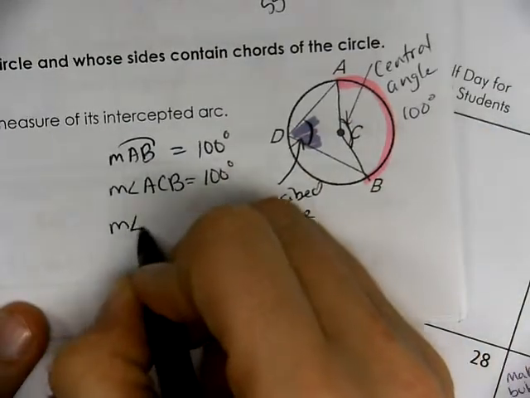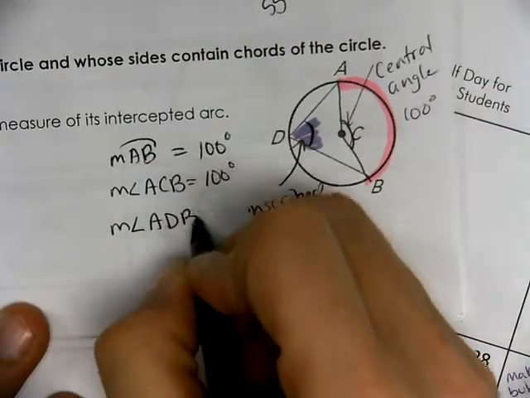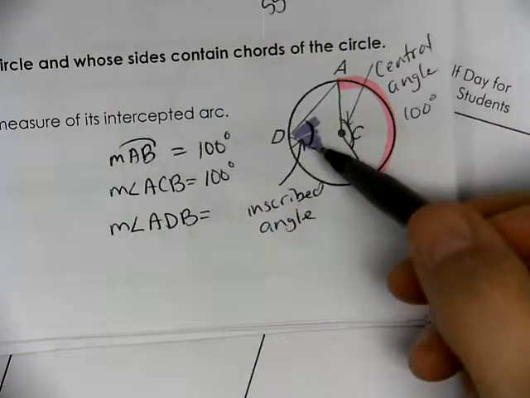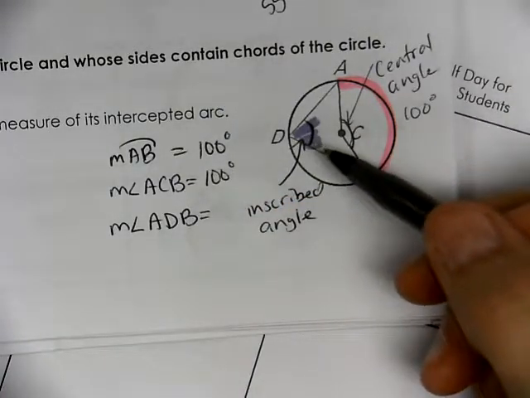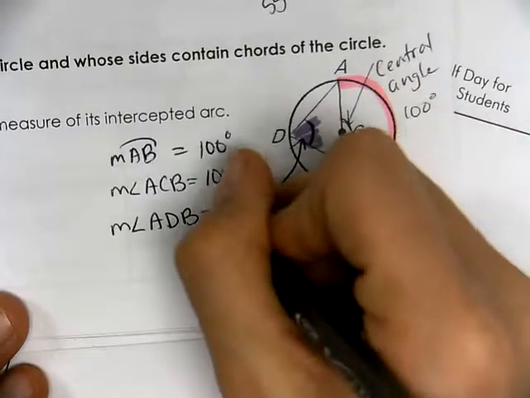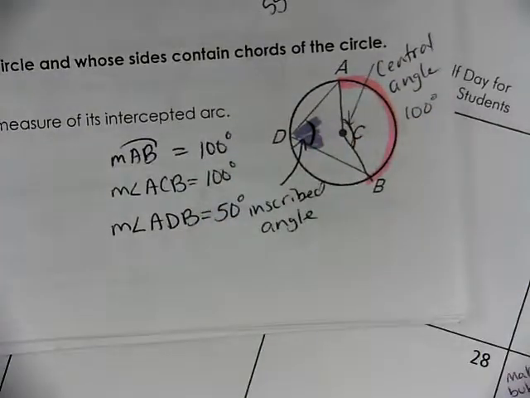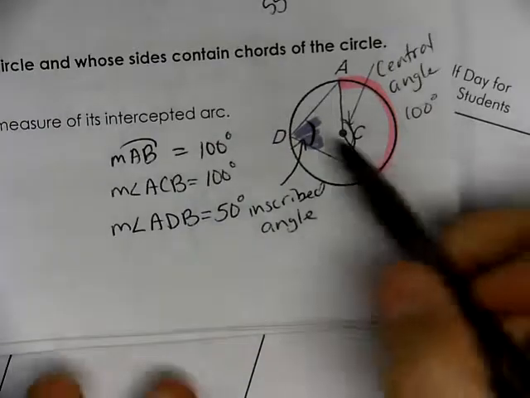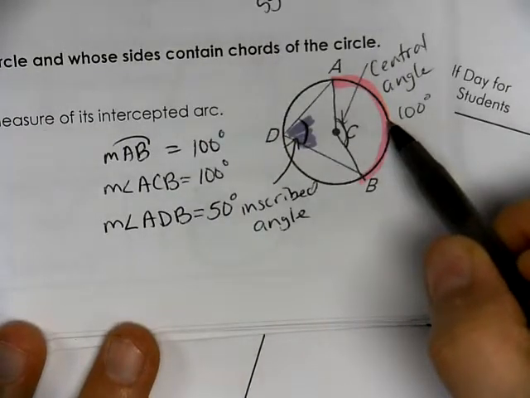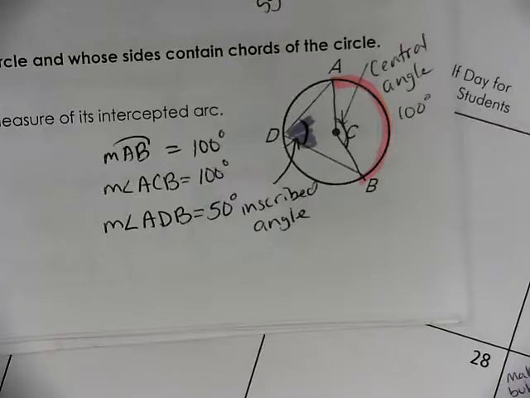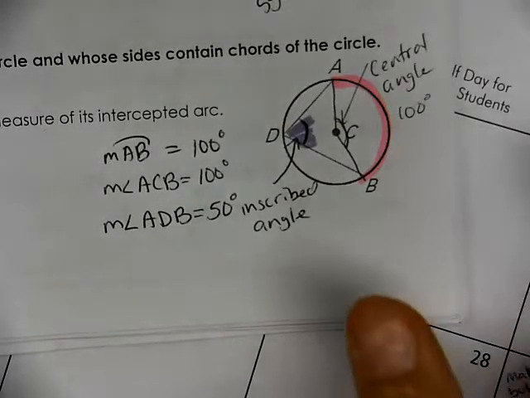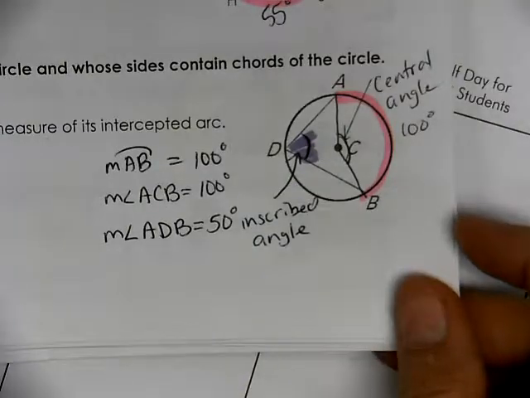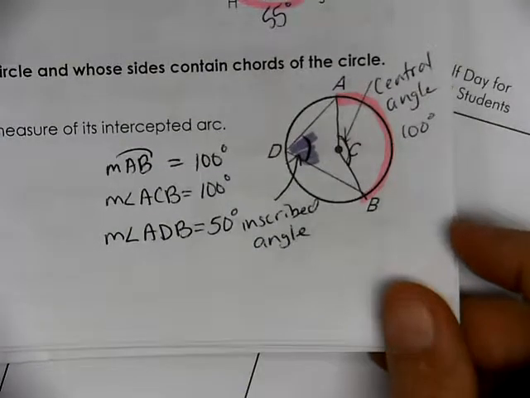But the measure of angle ADB, which is the inscribed angle, the angle that touches the circle, is 50 degrees. Okay, so it's always half. Think about the purple shining the light onto the pink. So it's making it twice as big. Okay, so let's look at an example. Everybody got that?